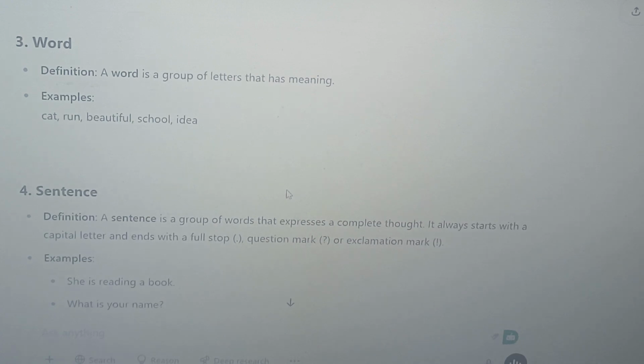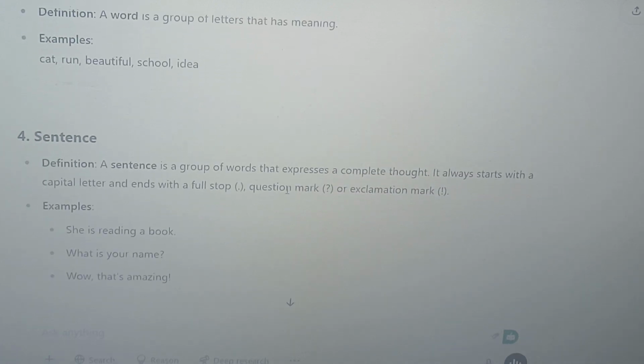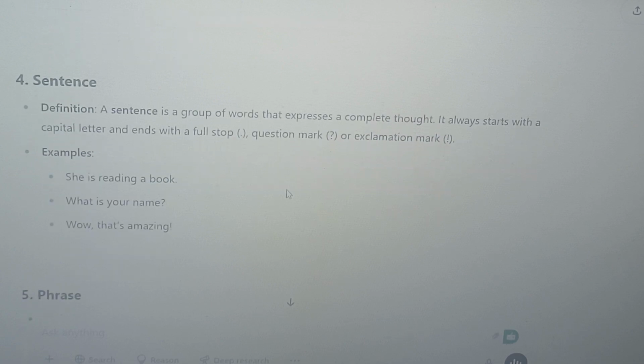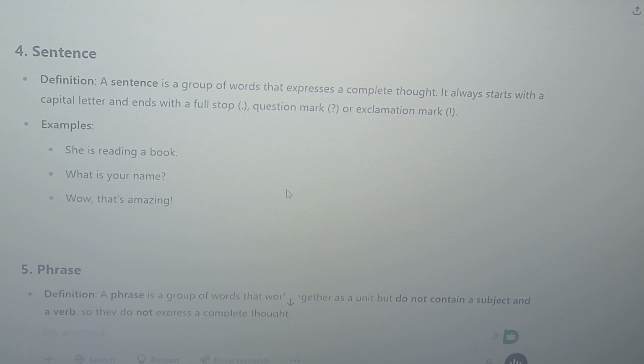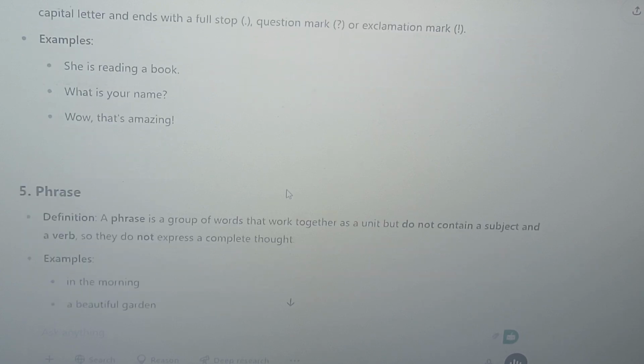Sentences. A sentence is a group of words that express a complete thought. It always starts with a capital letter and ends with a full stop, a question mark, or an exclamation mark. Examples: she is reading a book. What is your name? Wow, that's amazing. That's an exclamation mark. Phrase.